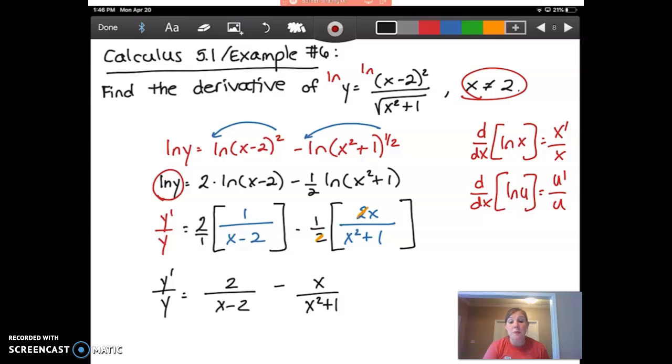At this point, I'm going to be finding a common denominator on the right-hand side. So I would be multiplying the top and bottom of the first term by x squared plus 1, and the top and bottom of the second term by x minus 2. Okay, I'm going to continue this over on the next page.